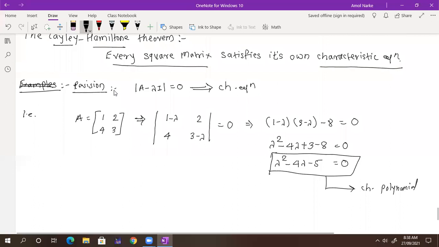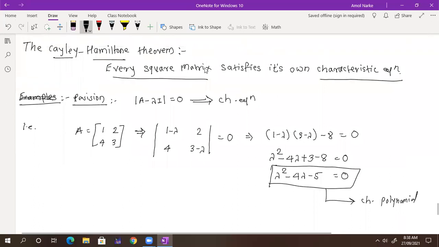Now once we have this equation, what does the theorem say? Every square matrix A satisfies its own characteristic equation. So if you substitute the value of A in that equation, then that equation is satisfied.